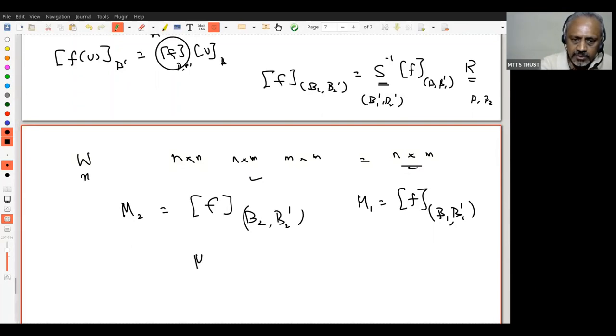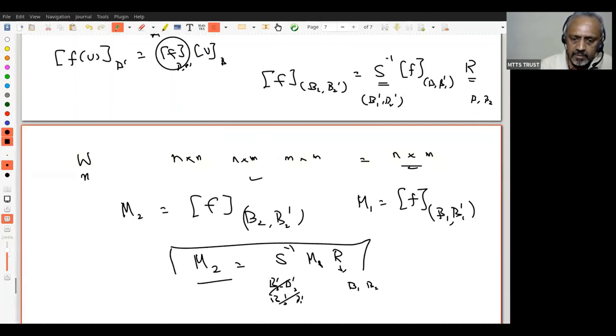Therefore, what I have shown is M2 is S inverse M1 R. R is the transition matrix from B1 to B2, and S is the transition matrix from B1 dash to B2 dash, and hence its inverse goes from B2 dash to B1 dash. So we have found the relation we wanted.